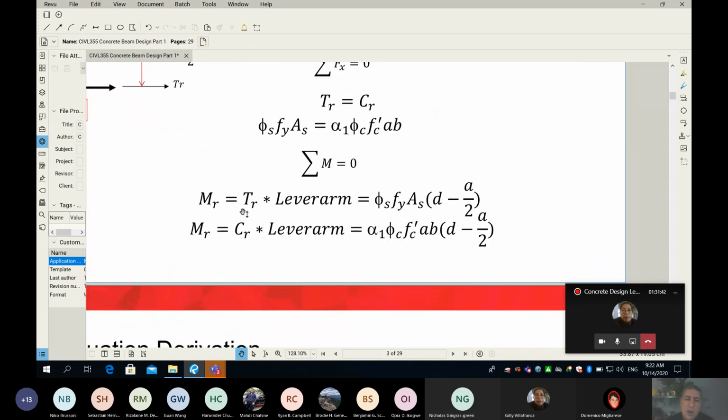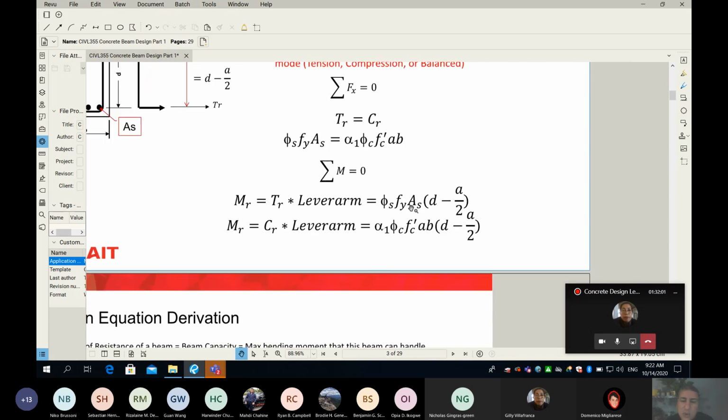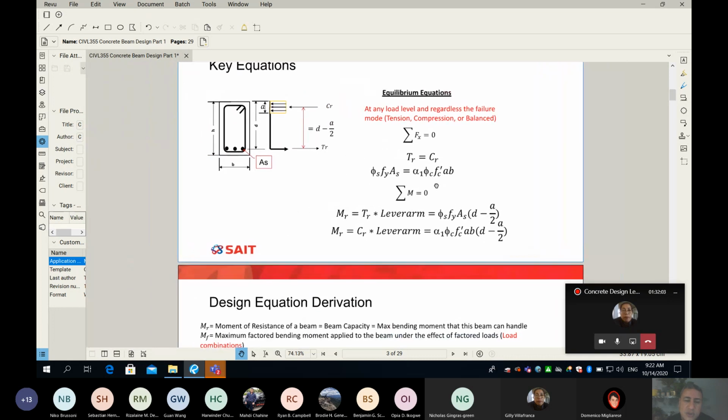M_r equals T_r, the total tension, multiplied by the lever arm, and M_r equals the total compression multiplied by the lever arm. You can simply replace T_r and C_r by the stress times area. So you can see, nothing new, zero new.